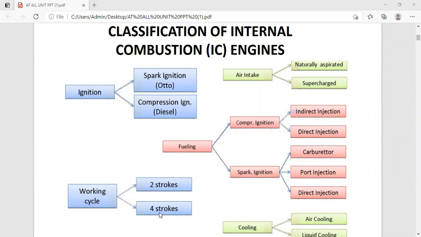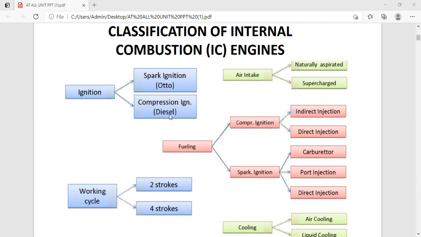Next is the classification according to the method of ignition. If we are using spark ignition, then there is the spark ignition engine, which works on the Otto cycle. If there is a compression ignition engine, then we are using the diesel cycle, using diesel fuel, which we will discuss later, but this is just a brief classification.